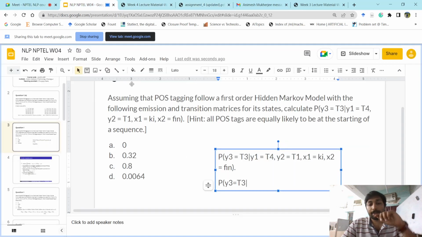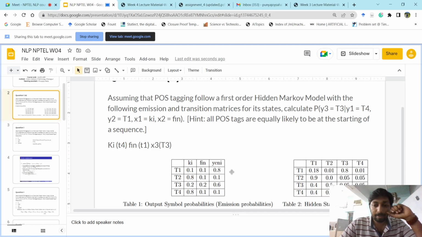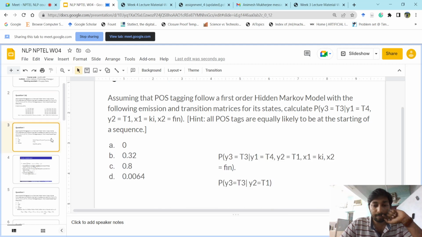So the entire thing essentially becomes Y2 equal to T4 given Y2 equal to T1. So this we have to find out. Now how to find this? We can look at the table. So we have to check T1 to T3.